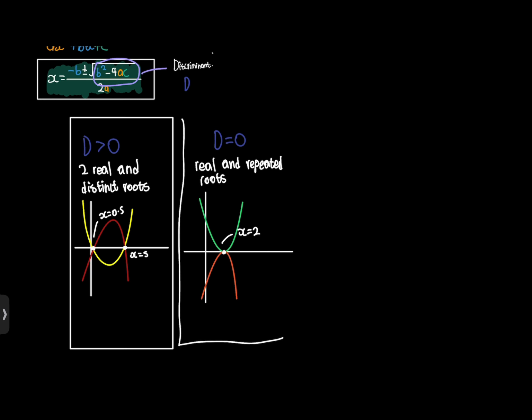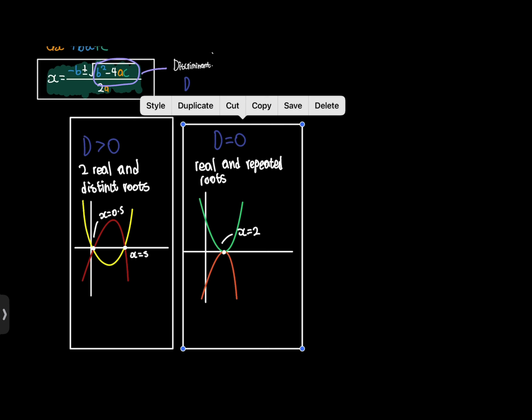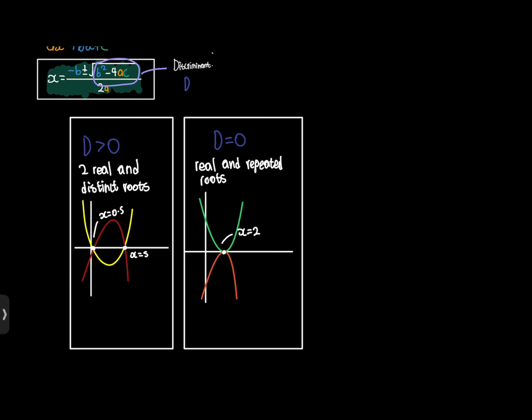You might have heard in physics class that, in order to calculate instantaneous acceleration, you need to take a tangent line, basically a line that intersects the curve once, which is here. So if the discriminant is equal to 0, then your curve is just going to touch the x-axis at one point.